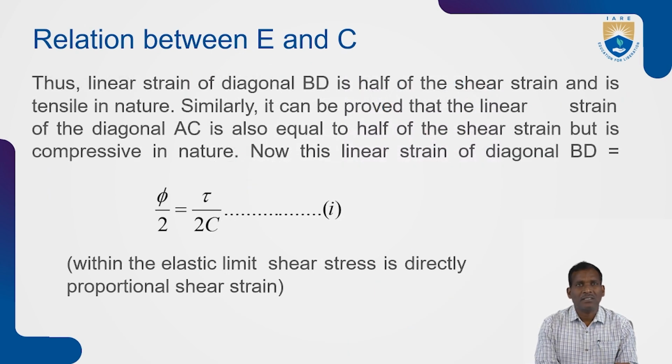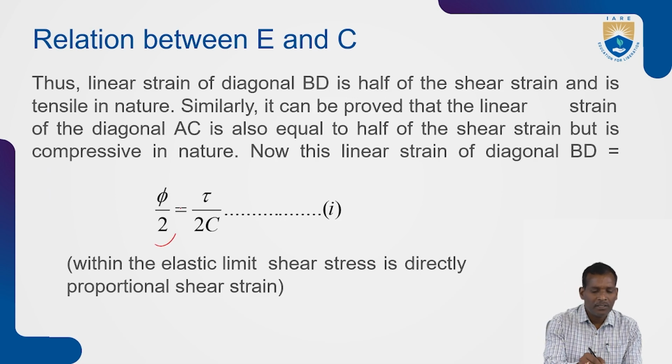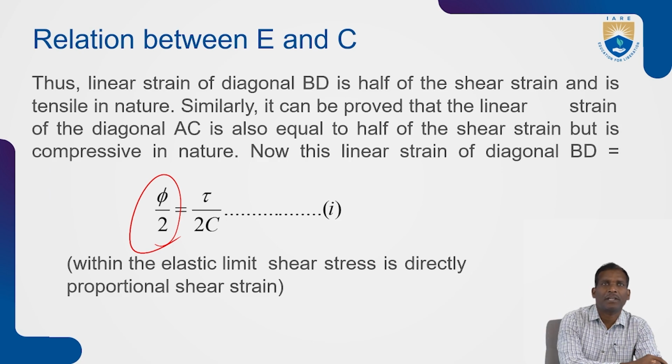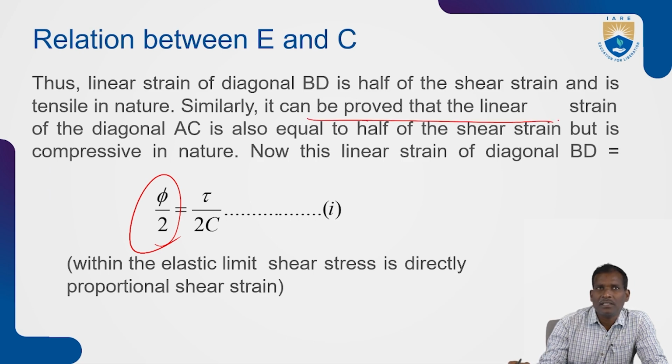Next one. Thus, the linear strain of diagonal BD is half of the shear strain. We have already calculated the shear strain; it is half of the shear strain, and is tensile in nature. Why? Because it is elongated. Similarly, it can be proved that the linear strain of the diagonal AC is also equal to half of the shear strain, but it is compressive in nature.